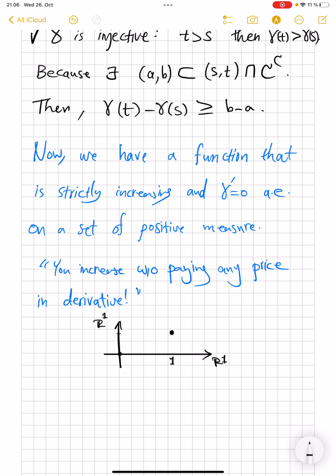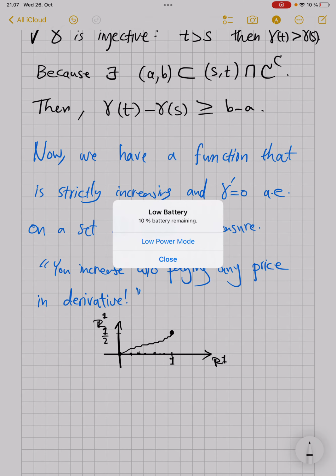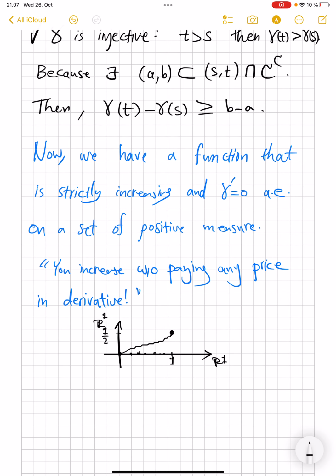So at 1, it will be 1/2. And then it's strictly increasing. And every time you hit the Cantor set, you have 0 derivative. And I have no idea even how to draw this. So on a set of measure equal to 1/2, at least, its derivative vanishes.